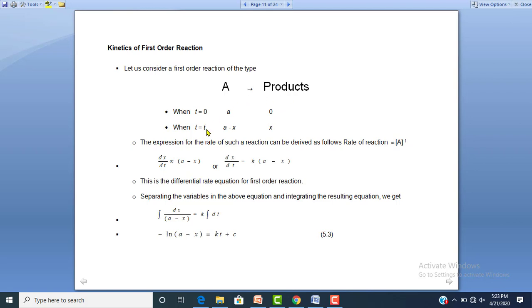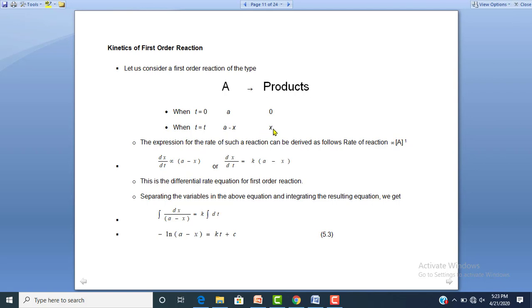But after some time, when time is equal to t second, this A changes into product, and the concentration of product produced is x, while the remaining amount of A is a minus x.